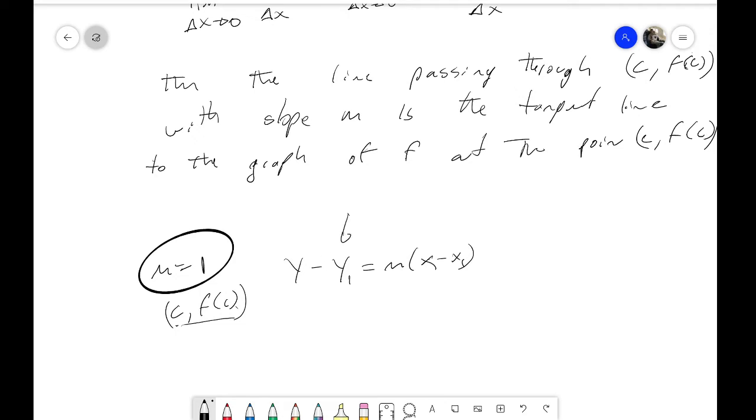So f of c will take the place of y1, and you plug in c for x1, and you'll have the equation of a line. This equation will be precisely the equation of the tangent line at that particular point.